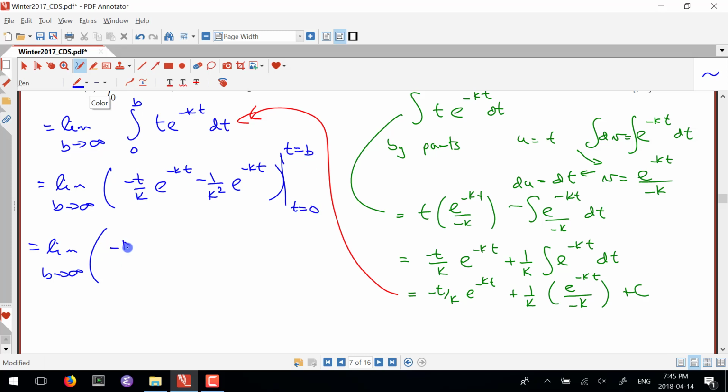So we'll have negative b over k, e to the minus kb, minus 1 over k squared e to the minus k times b, minus what we get when we evaluate that at 0: that'll be 0 minus 1 over k squared e to the 0.